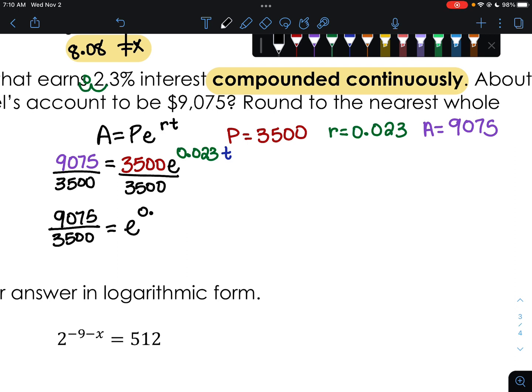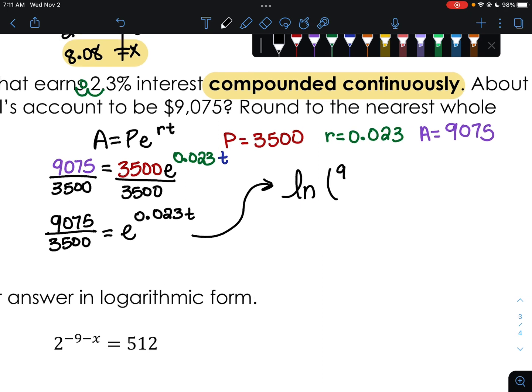Okay, so we're dividing because we want that e to the power all by itself. That way we can switch the form to get that exponent out of the exponent spot. We just want it to be a normal number. So because it's an e, that means we switch it to the natural log of our fraction.